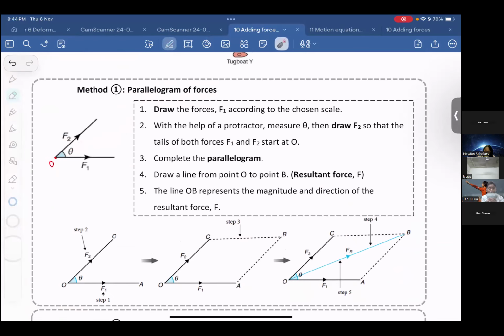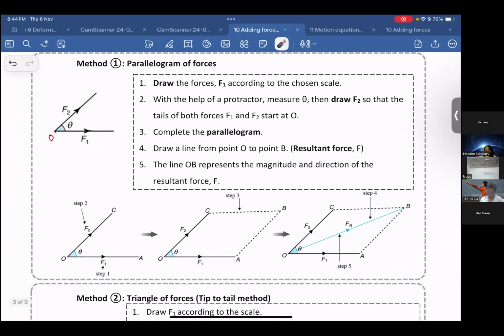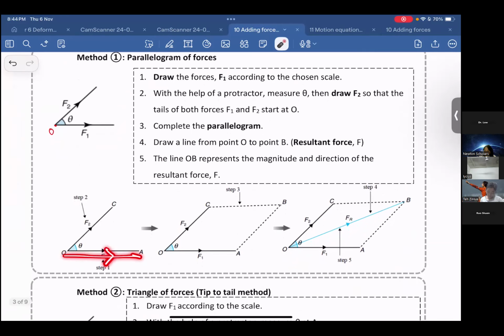Okay, we draw the parallel line. This line, F1. Let's say F1 is 3 cm. Then I go up with my ruler here, I also draw 3 cm. Here, let's say it's 5 cm. I move here, I draw 5 cm. Can you see parallelogram, parallel? So I draw these two parallel lines.